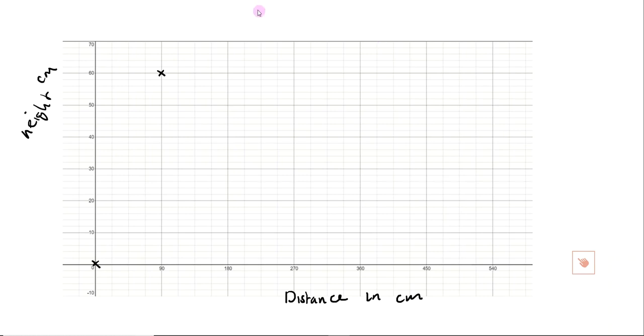You should be able to carry that graph just from those two points. That was a tricksy one because it starts at 0, 0. We know minimum, maximum, minimum, maximum, minimum, maximum, minimum.